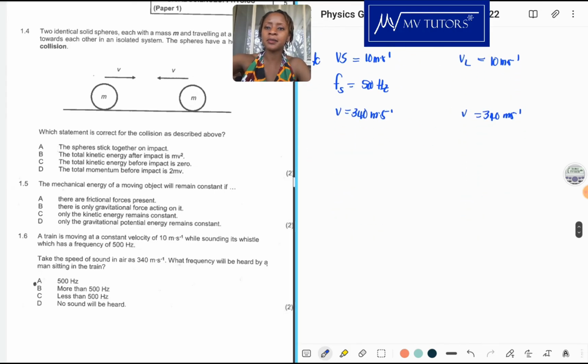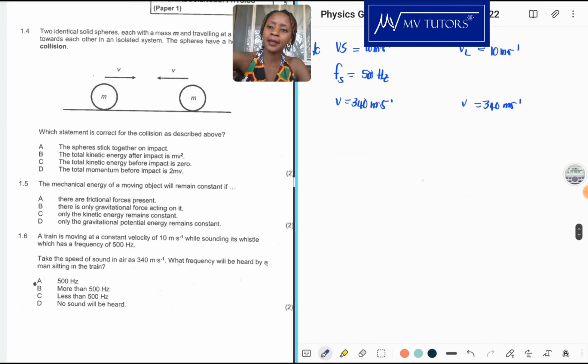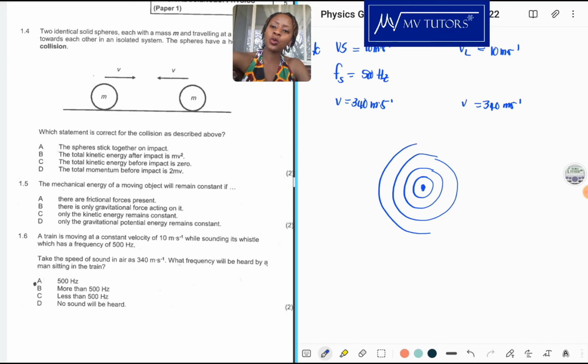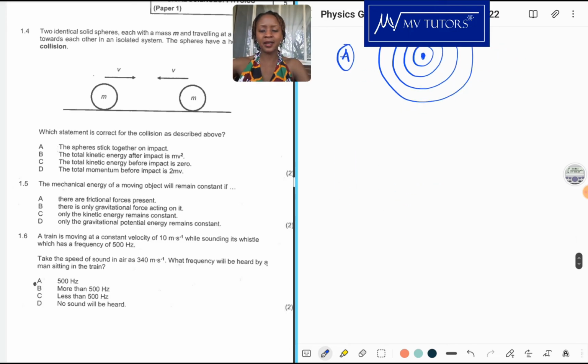And if you want to use waves to show that, you basically have the train and the man inside, and so the waves coming out, the wavelengths will be equal for both of them, and that is why they hear the same frequency. Okay, yeah, took a while there to explain that one, but I hope it makes sense.